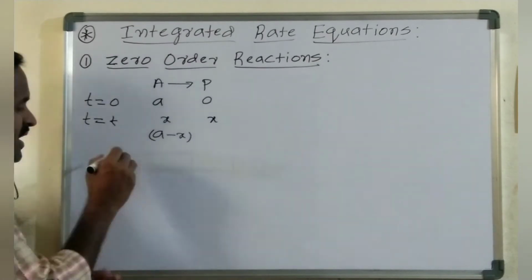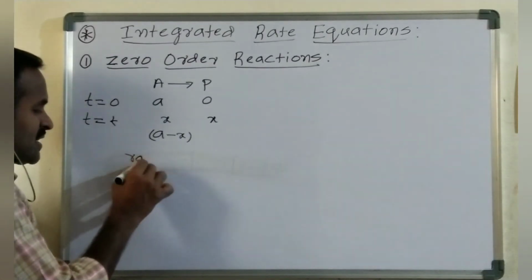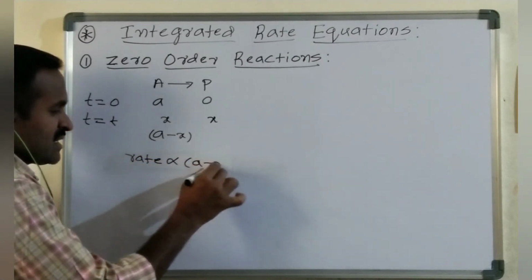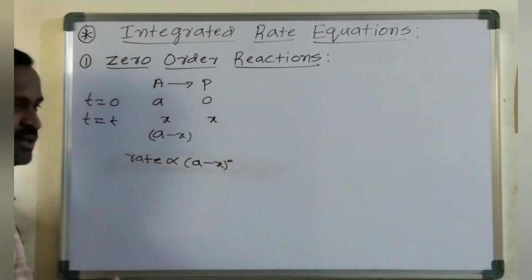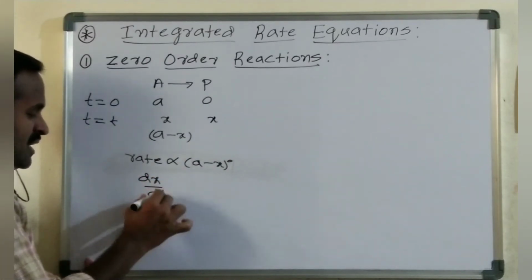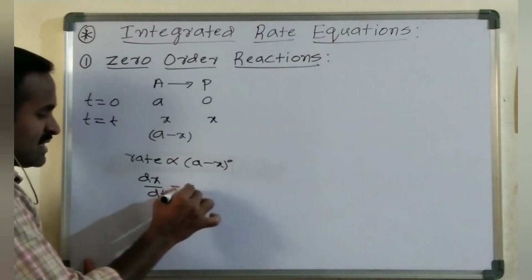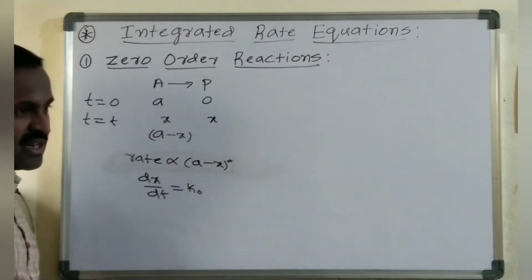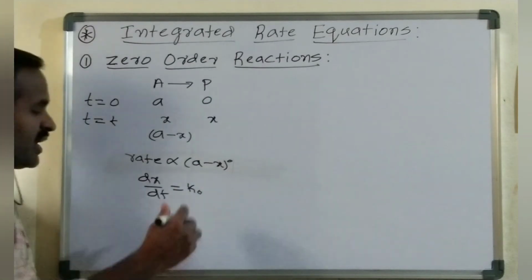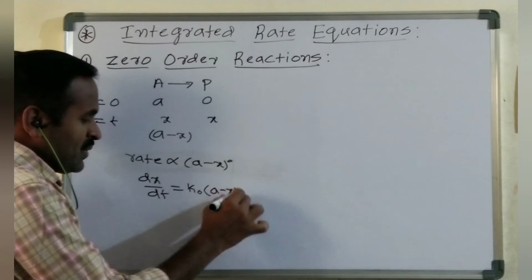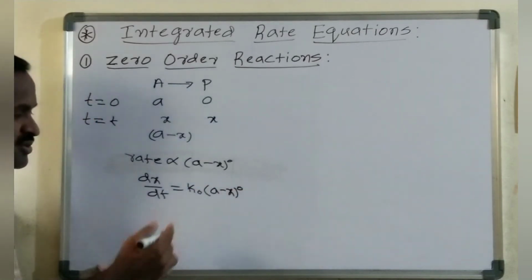So for zero order reaction, we know that the rate is directly proportional to the concentration a minus x to the power 0. Generally this rate we can write as dx by dt, and removing the proportionality you will get a constant. That constant I am taking as k0, the rate constant for the zero order reaction, into (a minus x) whole power 0, and anything power 0 equals 1.